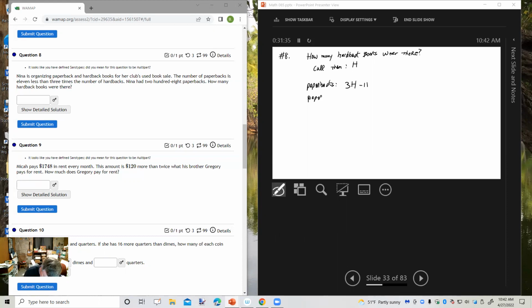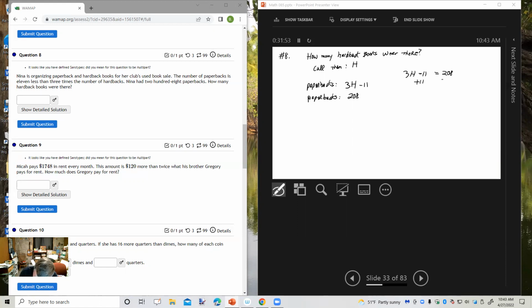So paperbacks, 208. So we get the following equation. 3H minus 11 equals 208. Any questions about that? All right.